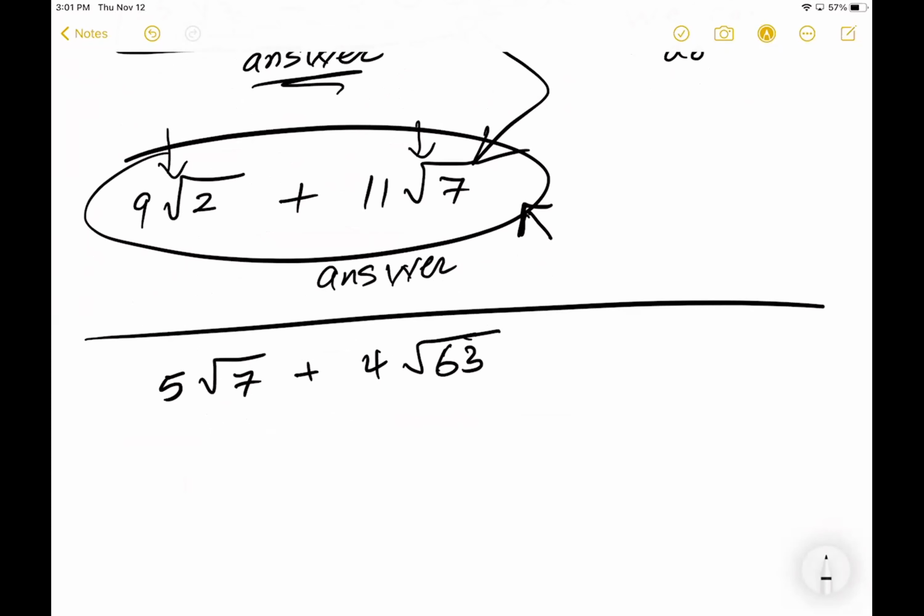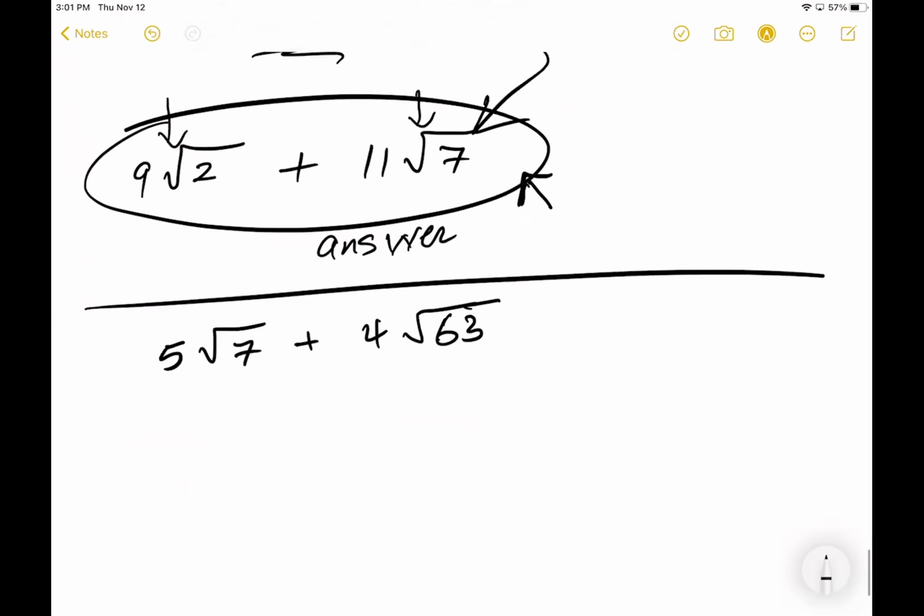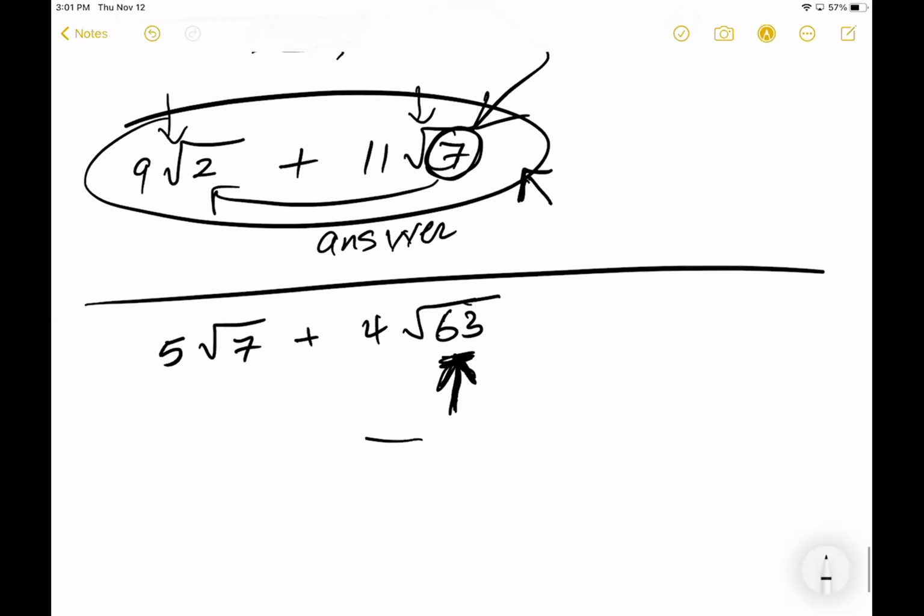And again, this is the problem coming, you have to attempt something, right? You have to ask yourself, up here, there's no way you can make the 7 become a 2. But down here, you have to ask yourself, is there a way that you can make this 63 become a 7?